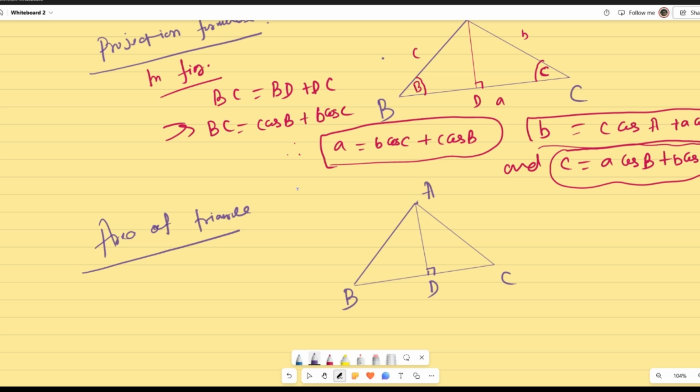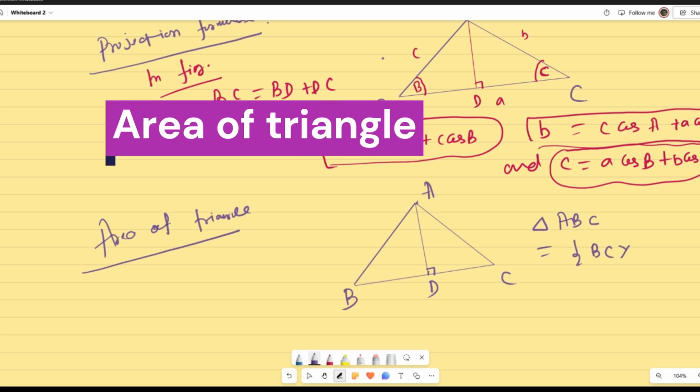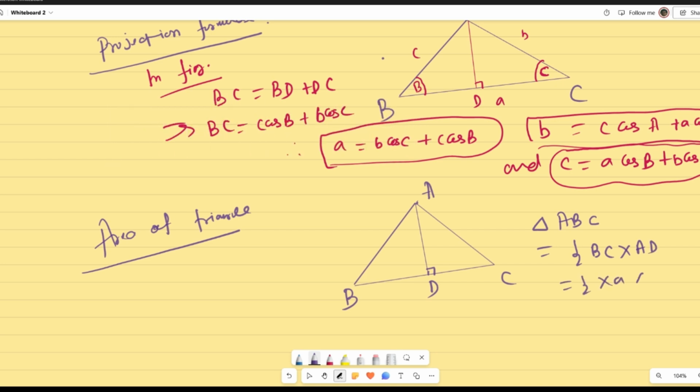AD is the perpendicular. So area of ABC will be what? Half BC into AD. AD, how to write? AD is C sin B. But sin B is what?